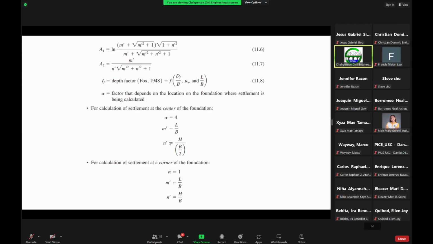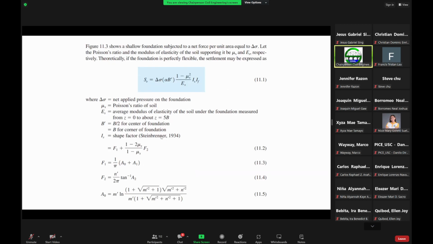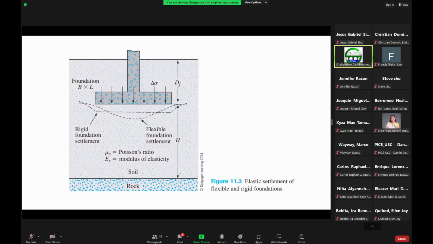And then H, if you go back to the figure, this is now your H. It is actually the distance from the bottom of the foundation down to the soil rock interface or down to the competent material. We can call this the competent material.